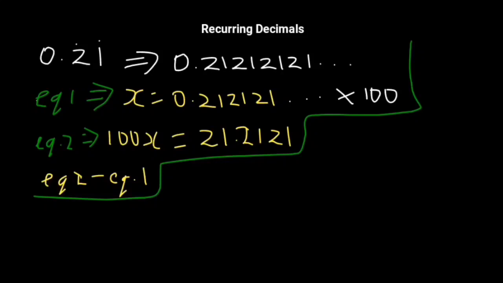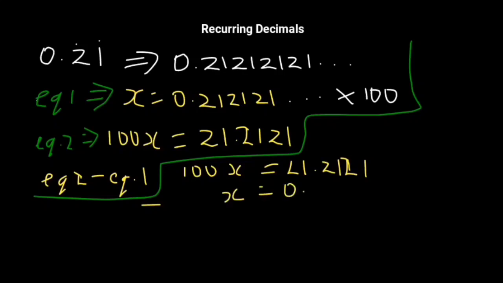So we have equation 2, which is 100x is equal to 21.2121. And then we're going to subtract equation 1, which is x is equal to 0.212121. And remember, both of these equations carry on because it's a recurring decimal.